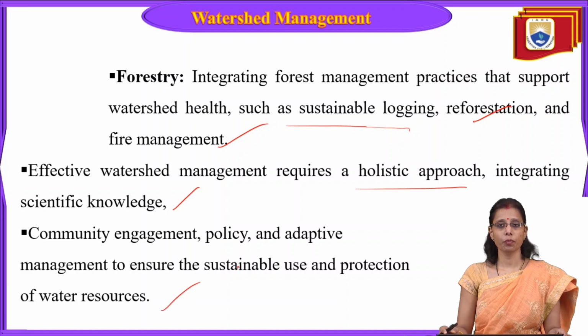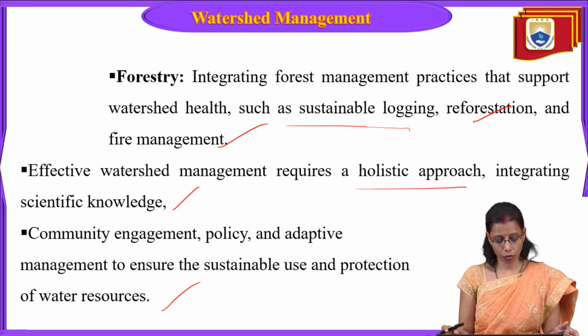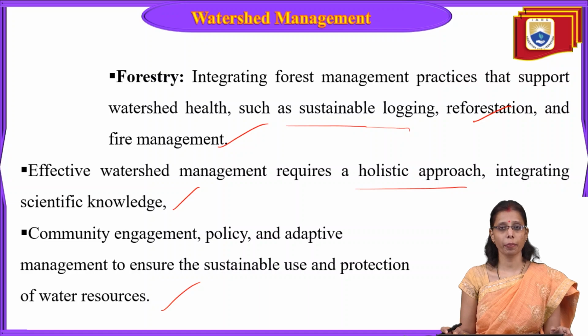Community engagement is very important here to manage this kind of integration with the sectors. Community involvement, community management, and the policies should be adaptive in the management to ensure the sustainable use and protection of the water resources. So it is very important to manage the resources based on these watershed management practices.